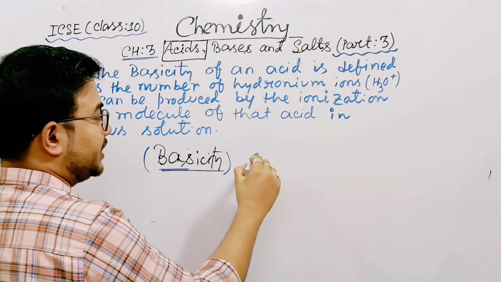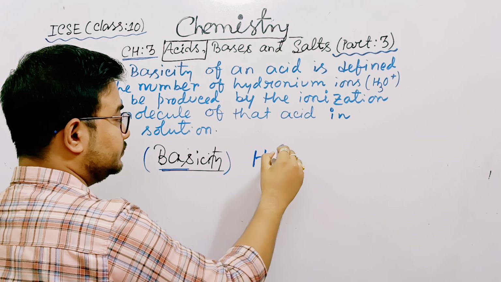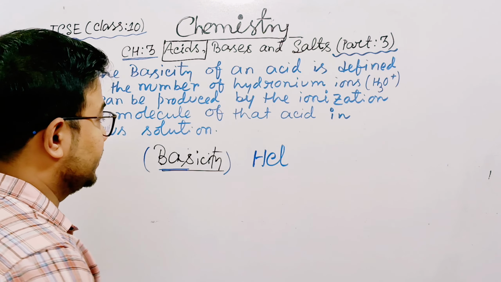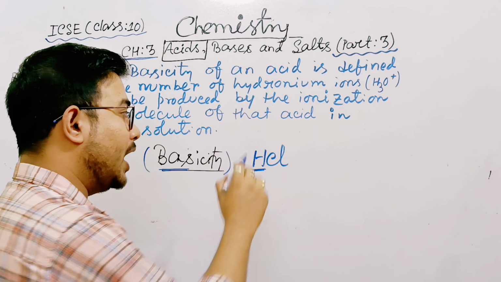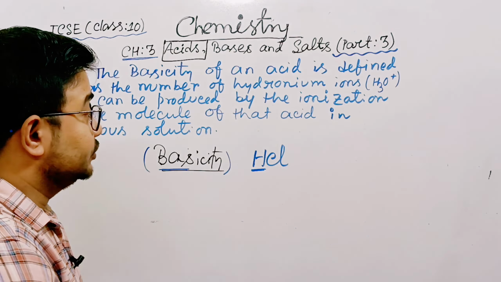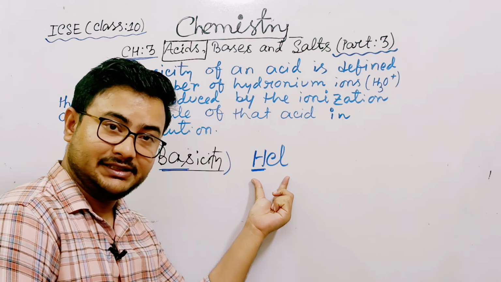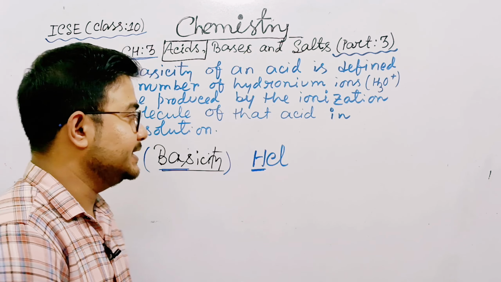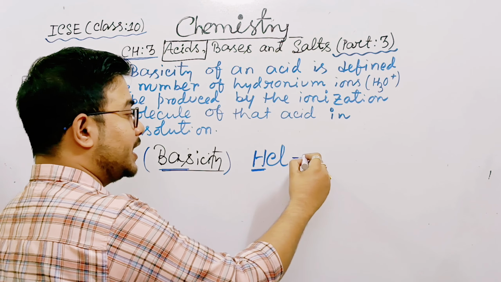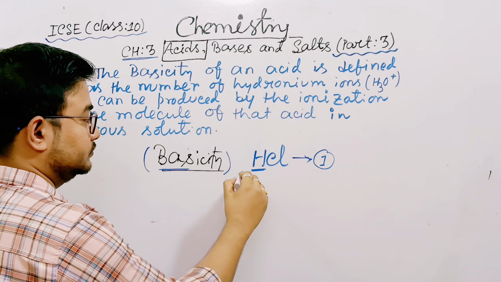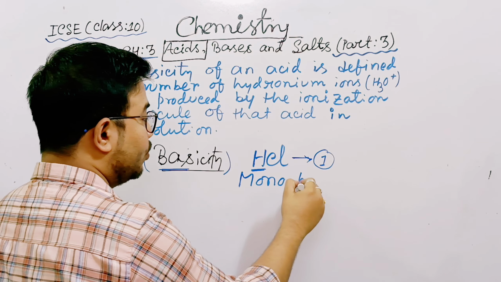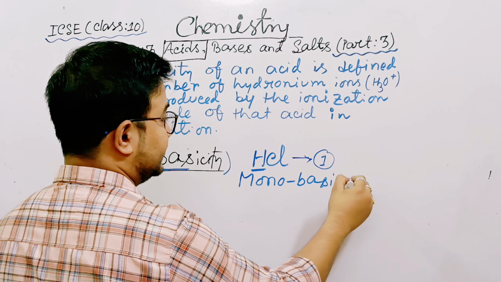Suppose you choose an acid, HCl. How many hydrogen atoms are here? 1. So though it is an acid and it contains 1 hydrogen, it is called monobasic acid.